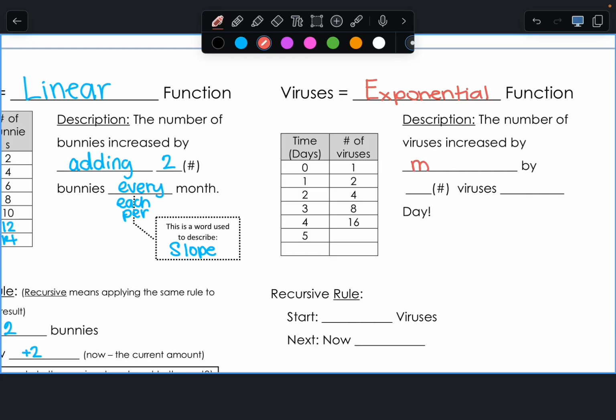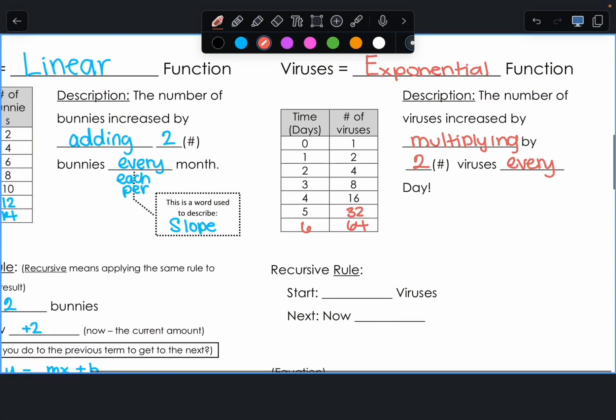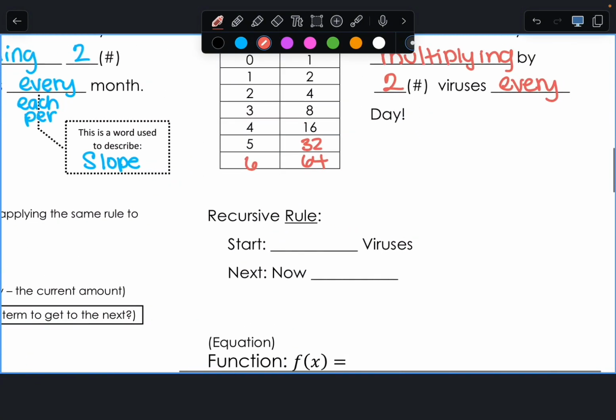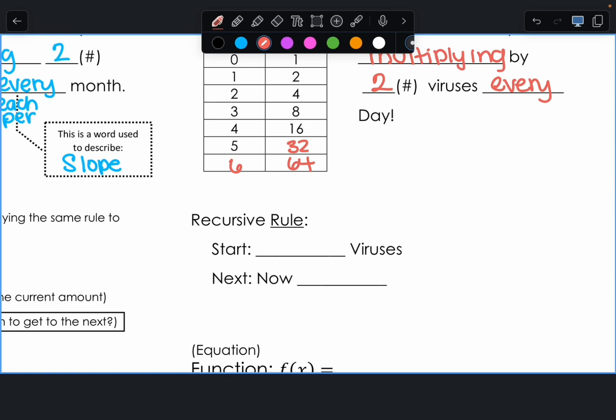Multiplying by 2 viruses every day. 32, 64. So that means we started with how many viruses? We started with 1 virus and then multiplied by 2.